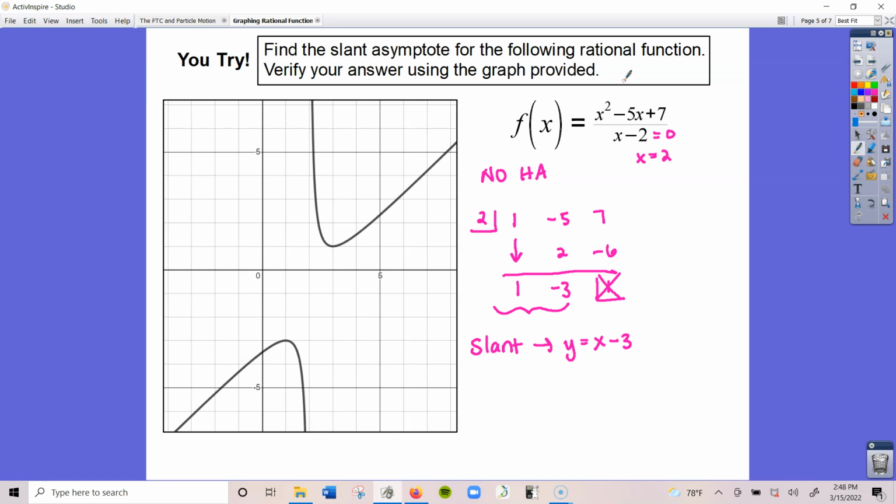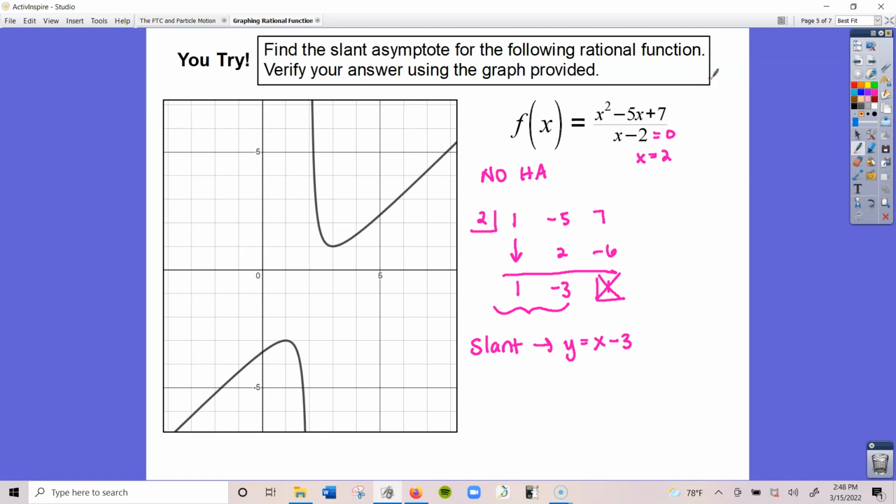Additionally, if I wanted to find the equation of the vertical asymptote, first I would need to see if any factors of the numerator would cancel with that of the denominator. Obviously, you can see from the graph that we do have a vertical asymptote, but let's verify why. If I try to factor this numerator, we would need to find the two numbers that multiply to give you 7 and add to give you -5.